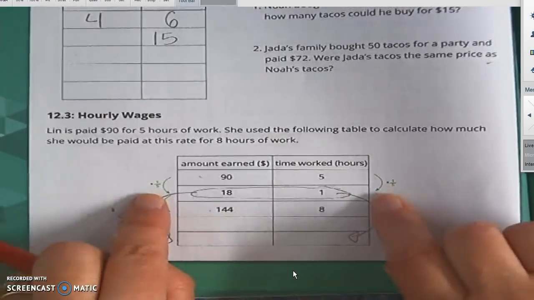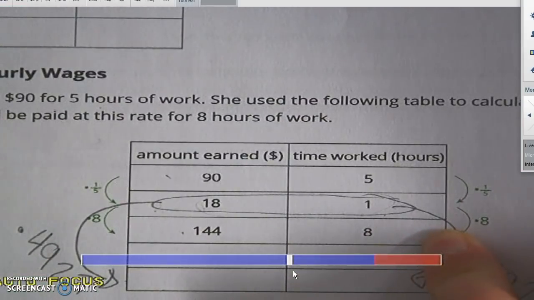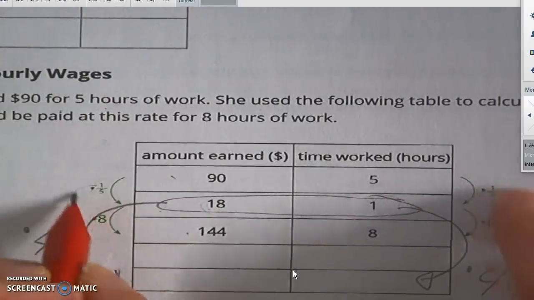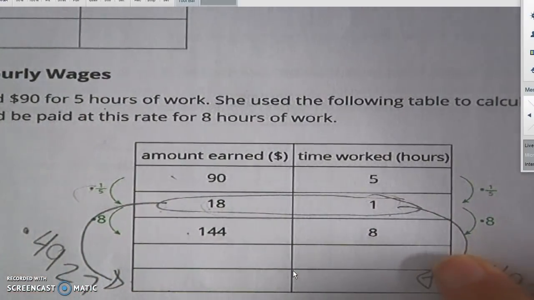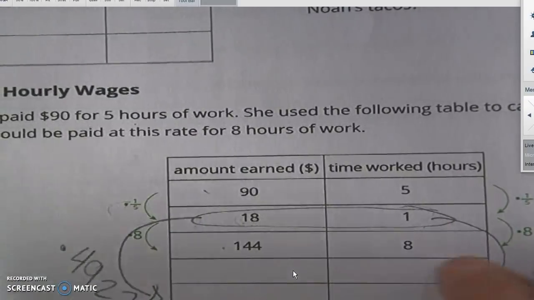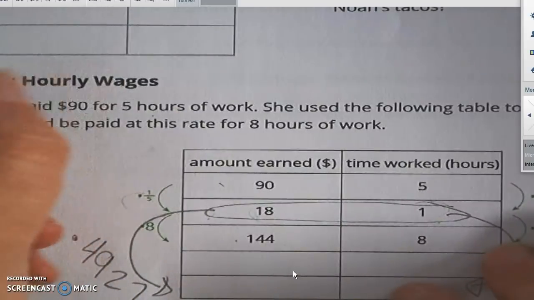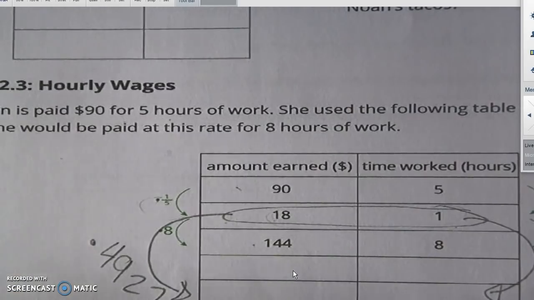And then in the table, it's kind of blurry on my screen, but they found this by multiplying by 1/5. And this multiplying by 1/5 is the same as dividing by 5. We saw that earlier in the week with our problem strings, that if we were to divide by 3 or multiply by 1/3, it would give us the same thing.